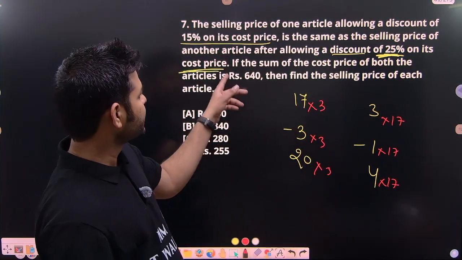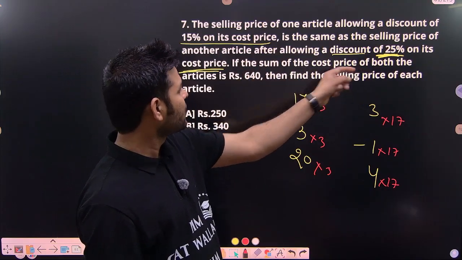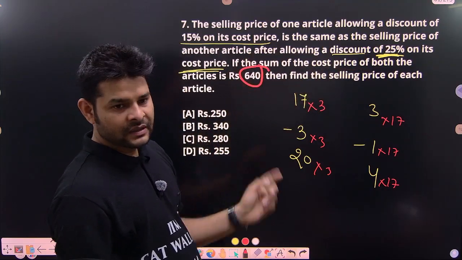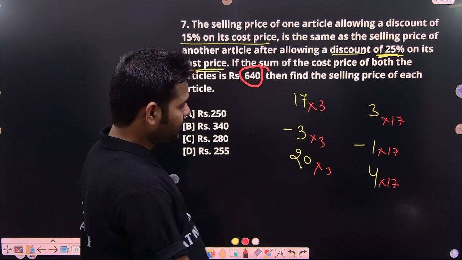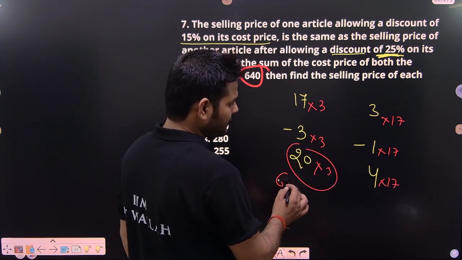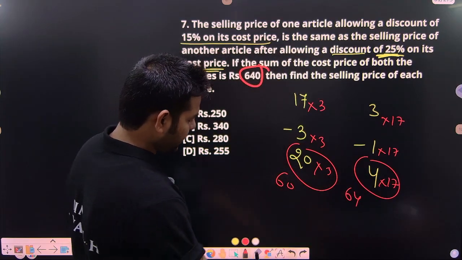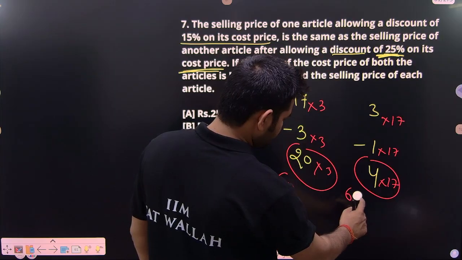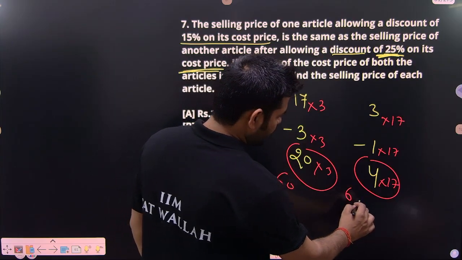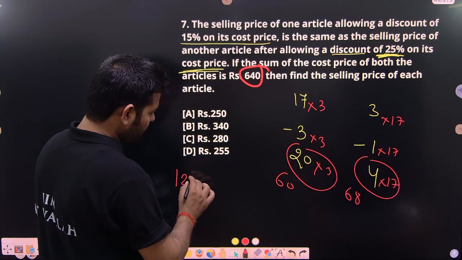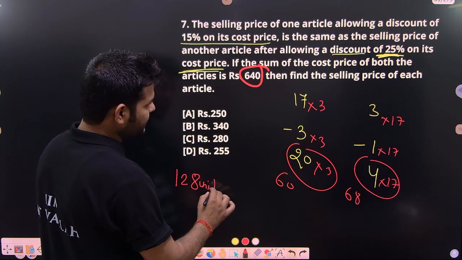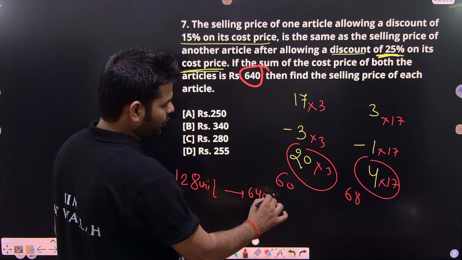Now what the question says: if the sum of cost prices of both articles is rupees 640. So what would be the cost price of each article? 60, and that is 64, or sorry, 68. So that would be 128. So 128 units represent 640 rupees.